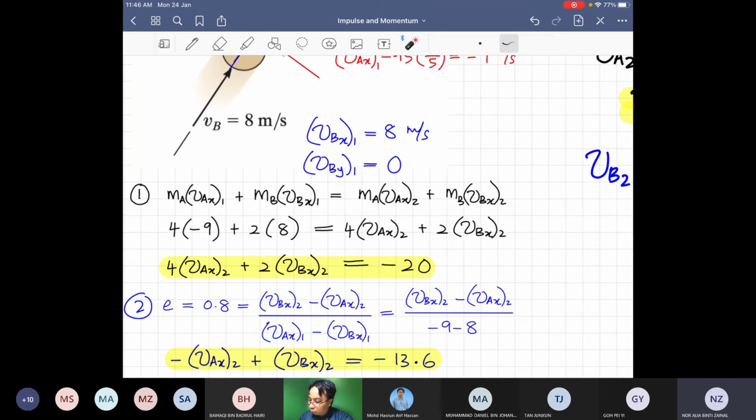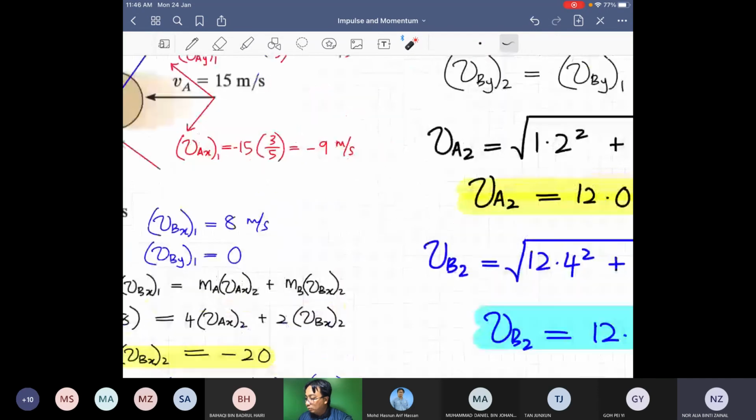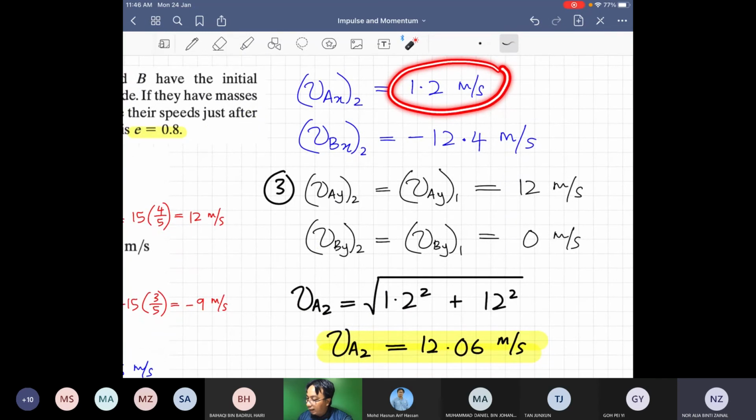So in the end you akan dapat satu lagi equation yang ada dua unknown. So bila kita ada dua equation, dua unknown, this is equation number 1, this is equation number 2. So ada dua equation, dua unknown, then we can solve this simultaneously, simultaneous equation. Guna calculator to solve this simultaneous equation to get this value lah. So you get this value. You get VAX2 and VBX2. Semua ni dalam x-axis baru.